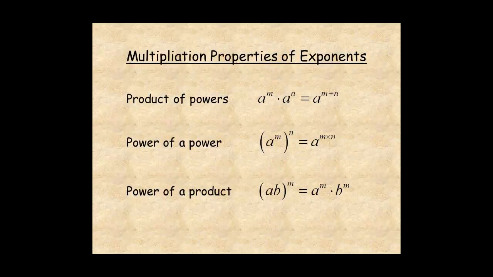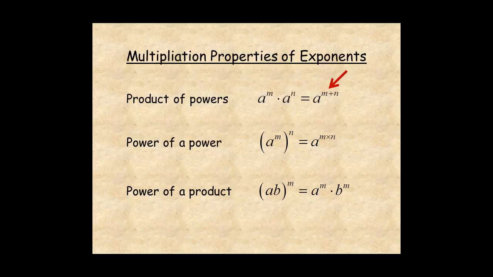Now that we've reviewed exponents, these are the multiplication properties of exponents that are used to simplify expressions with powers and multiplication. These aren't new algebraic properties, but shortcuts based upon the meaning of exponents. For a product of powers, add the exponents.